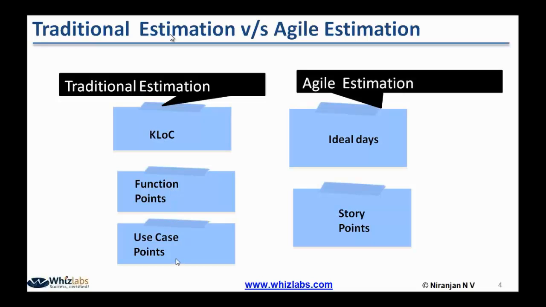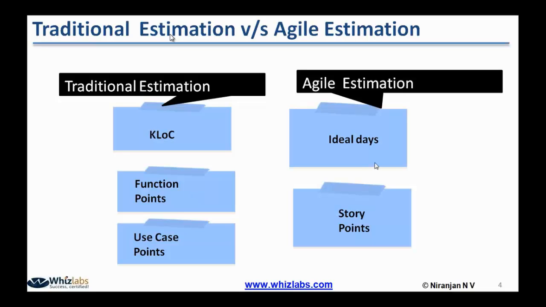These are some of the various estimating units used in traditional estimation methods. But in agile estimation, we don't use any of these units, and the way in which we do estimation in agile is completely different.